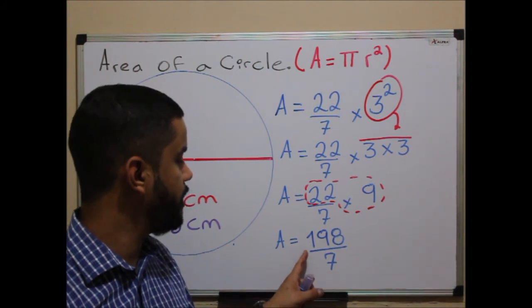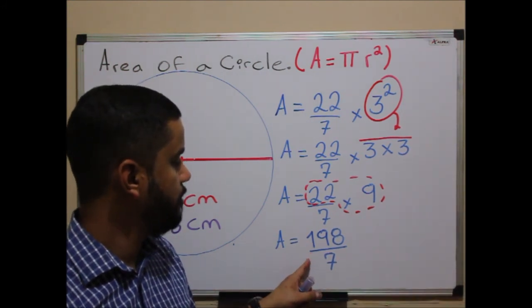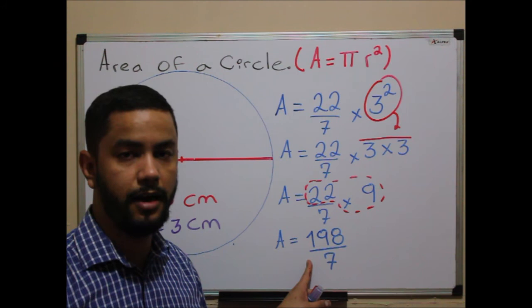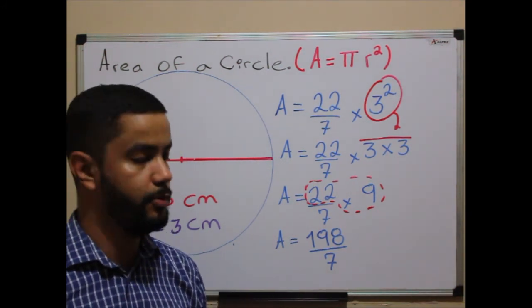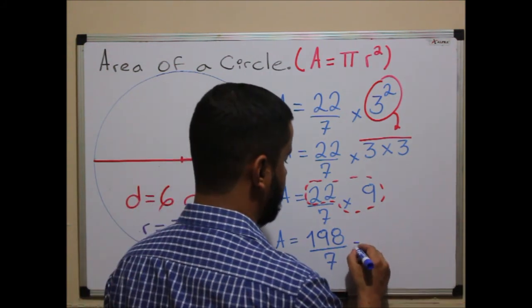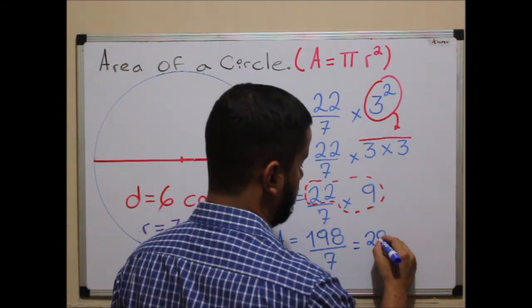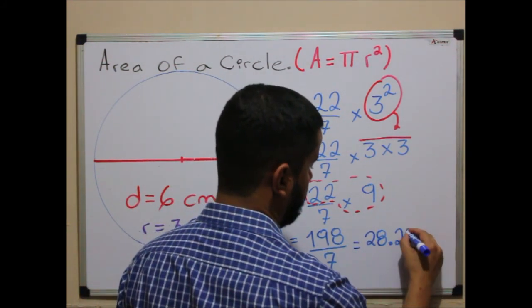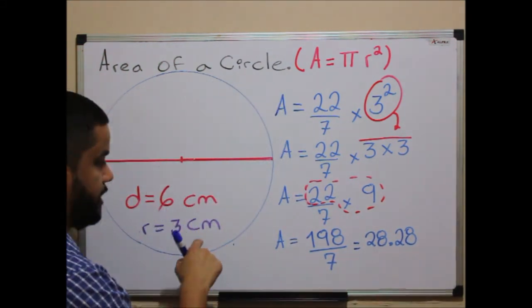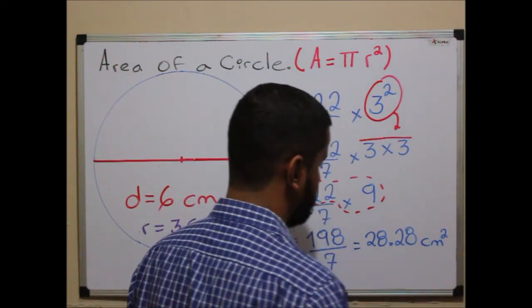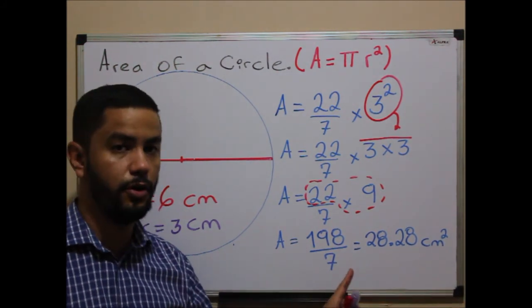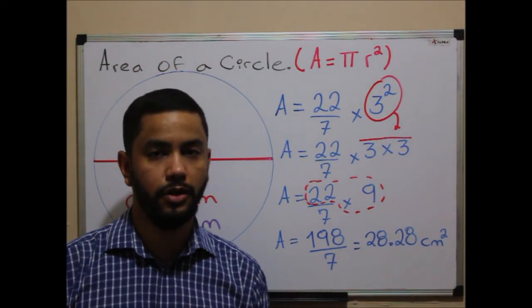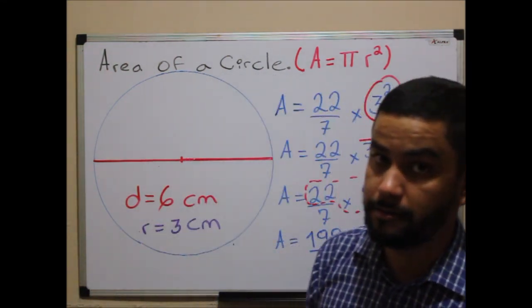Is it possible to divide 198 by 7 to get an exact value? No, but we get 28.28. So in this case, we're going to divide that to get 28.28 centimeters squared. So you can have either the fraction or the decimal solution as your answer.